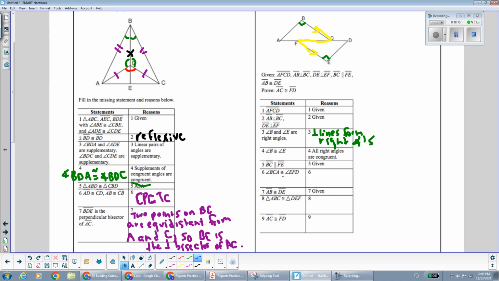We have BCA and we have EFD. And notice how those are alternate interior angles. So let's put that here. Alternate interior angles are congruent when parallel lines are cut by a transversal.